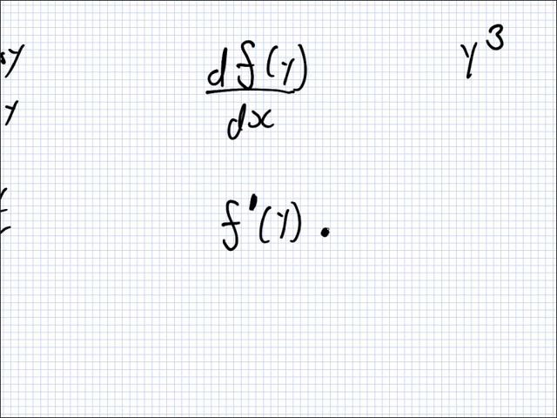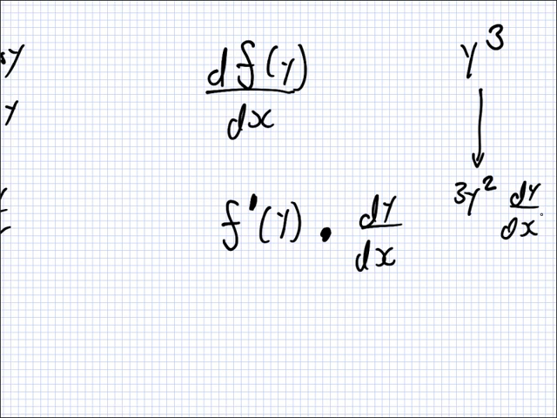Then all you have to do to compensate for the fact that it's a y function and not an x function is multiply your answer by dy/dx. Okay, that's all. So y cubed becomes 3y squared, and you compensate for it being a y and not an x by simply multiplying your answer by dy/dx. That's all it is. So it's very similar to what we've done, except you multiply your answer by dy/dx.